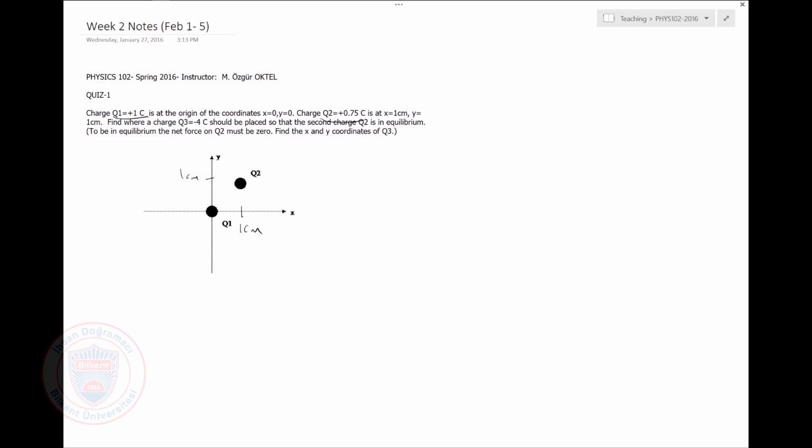Find where a charge Q3 should be placed so that the second charge Q2 is in equilibrium. So what do I want? What does that mean? Charge Q2 is in equilibrium. Net force on Q2 should be exactly 0, right?